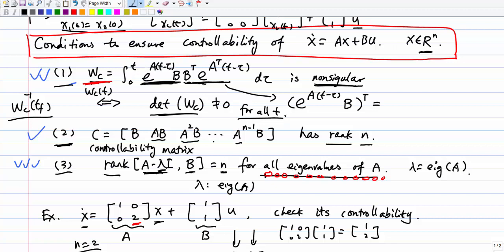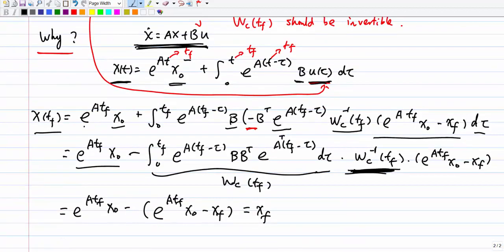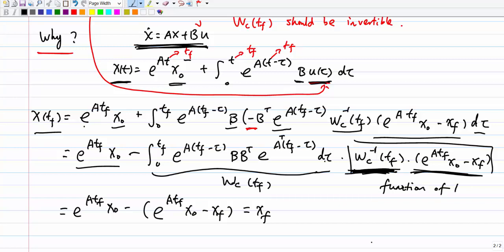So you take an inverse of that. When you consider over here, it's only a function of tf. If you go back over here, the reason I can move it out is because this is only a function of tf, it's not a function of tau, so I can move it outside. Also, I have to move it to the right hand side because I cannot move it to the left. And also keep this one, this one is also only a function of tf, that's why it's not a function of tau, so I can move it outside.